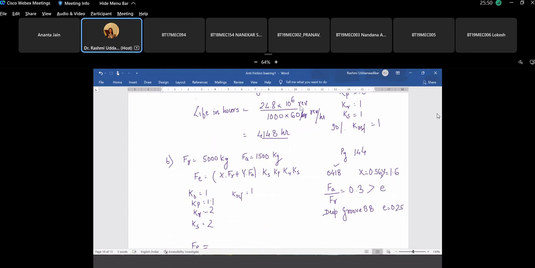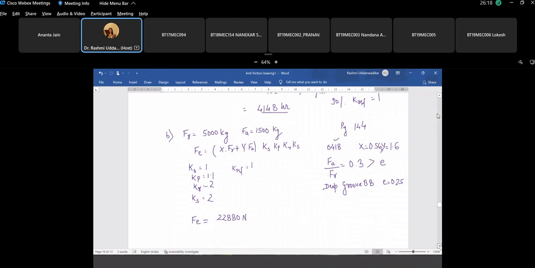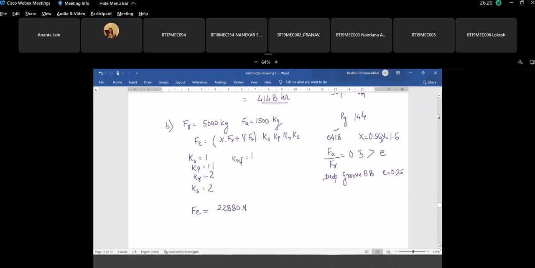So life in hours is total revolutions upon revolutions per hour. Is that okay? So you are getting load as 22880 newtons, right? Yes, this is in kgf.